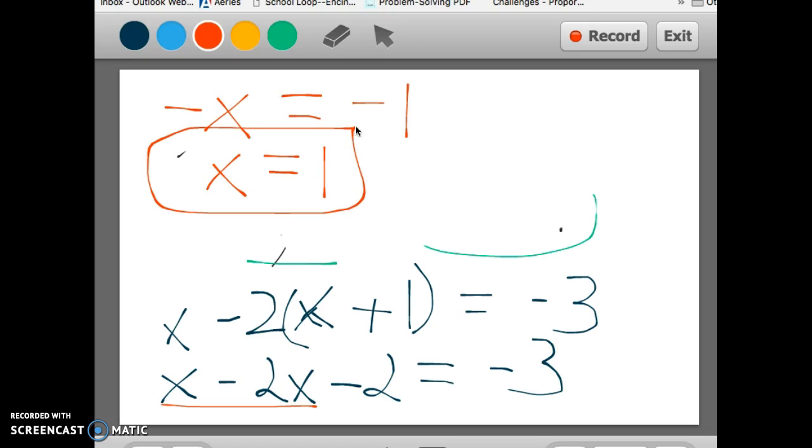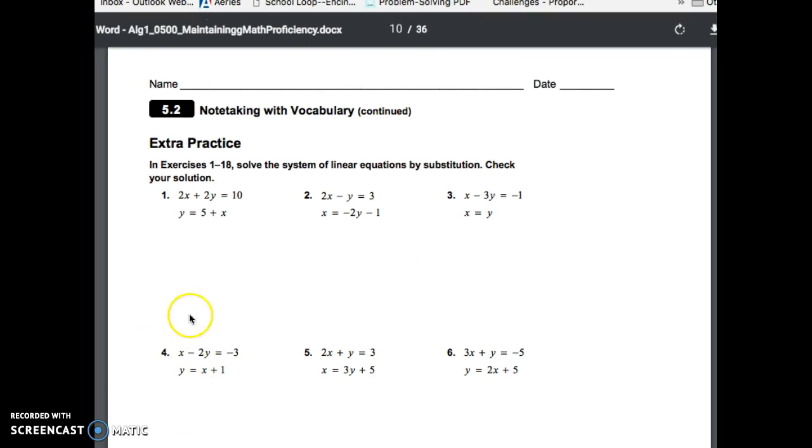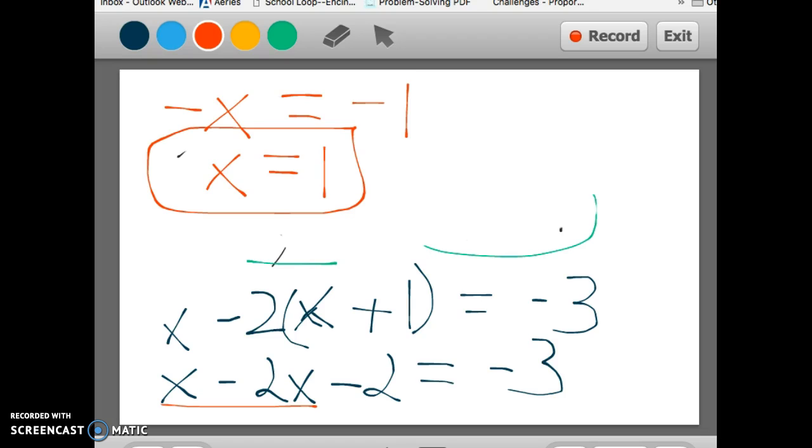Now, to find the actual answer here, I need to plug this back into my original system. That was this problem right here. So y equals x plus 1, and x minus 2y equals negative 3. Y equals x plus 1, and if x is 1, then y must be 2.